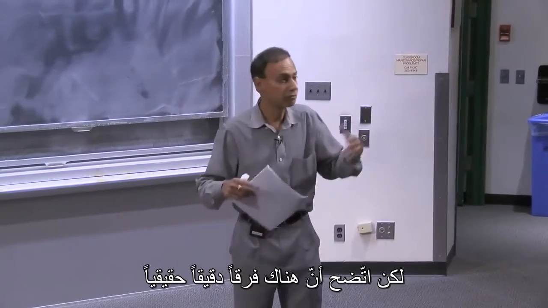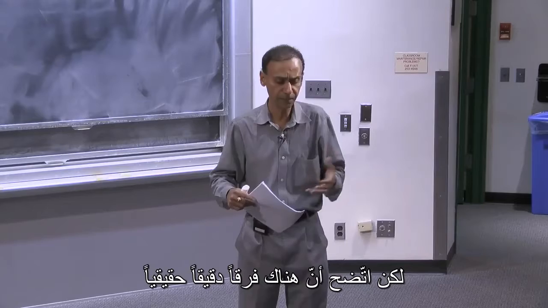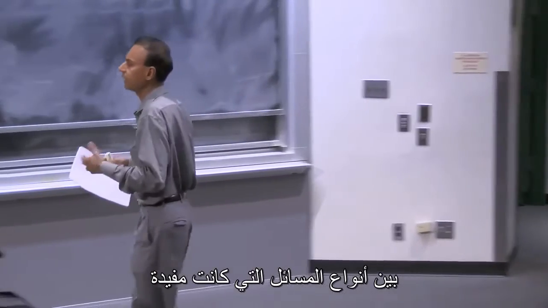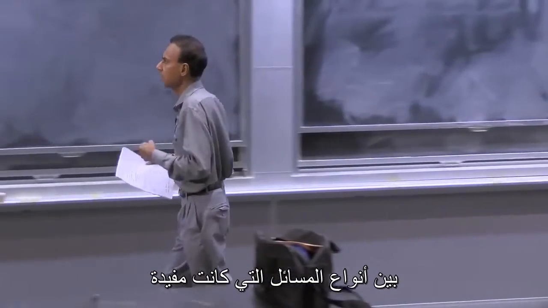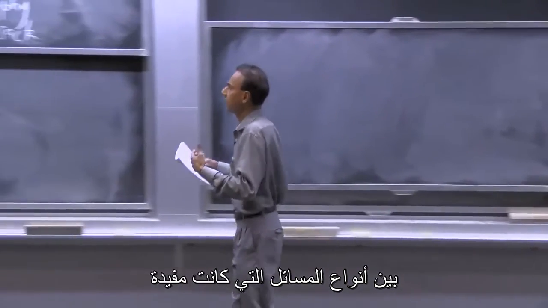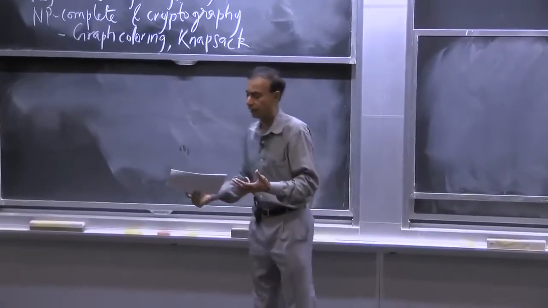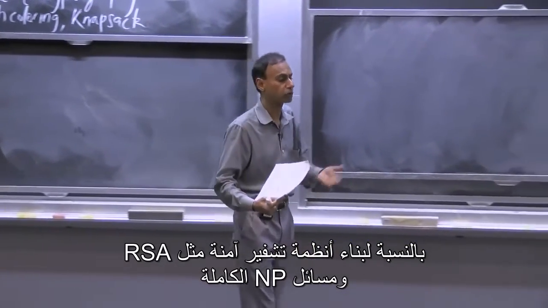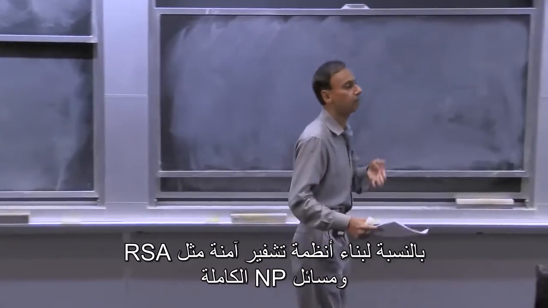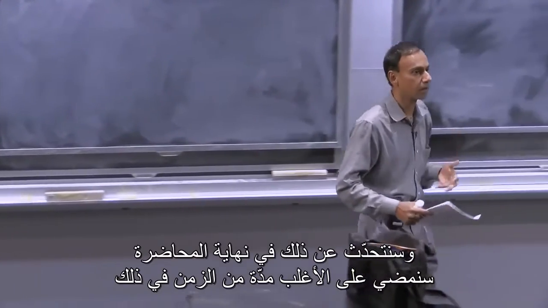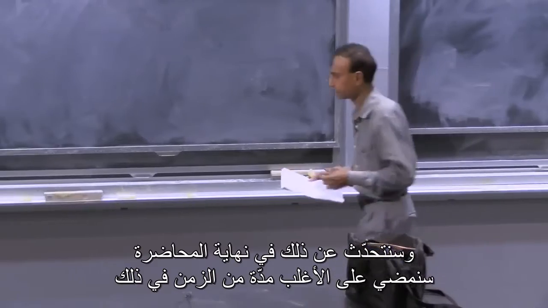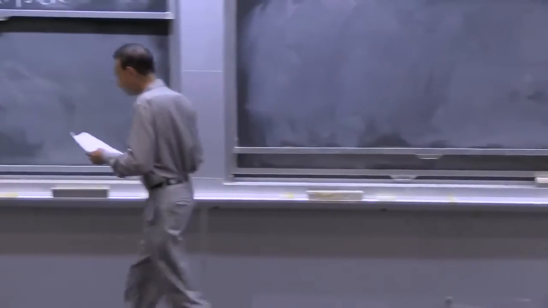But it turns out there's a real subtle difference between the kinds of problems that have been useful in terms of building secure crypto systems like RSA and NP-complete problems. And we'll talk about that at the end of the lecture. We'll probably spend a bunch of time on that.